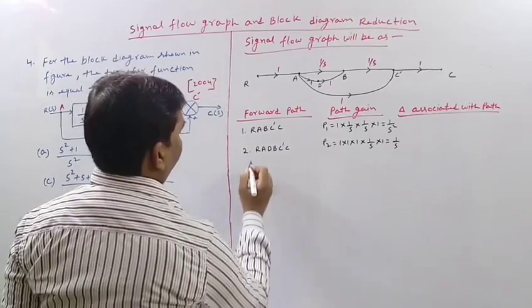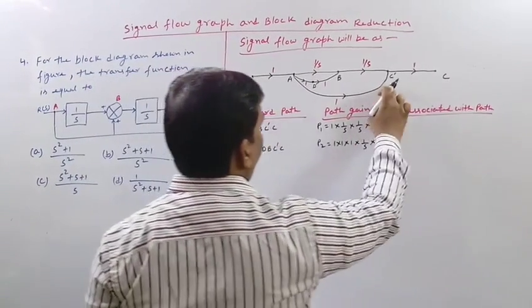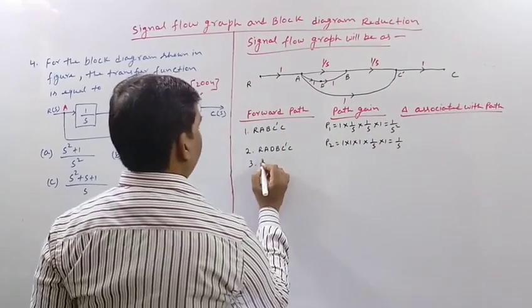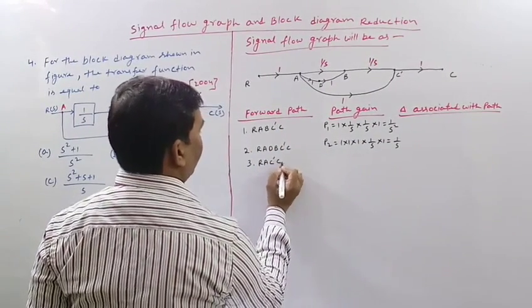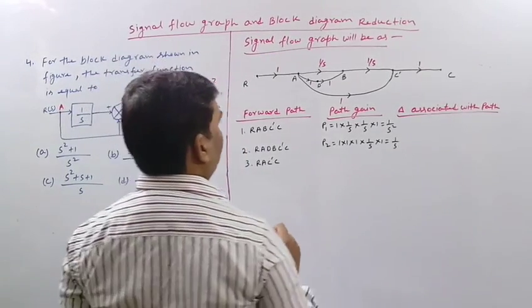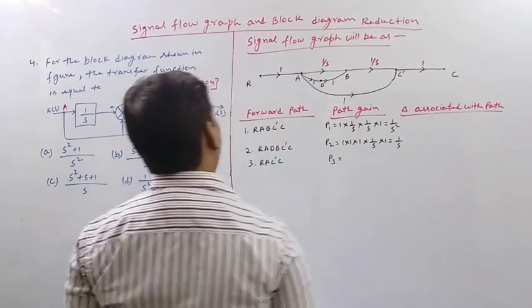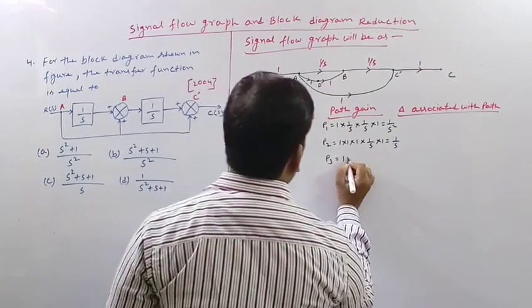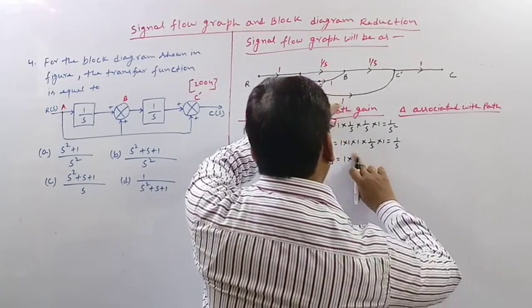The third path will be R A C dash C. Let its path gain be P3. So P3 will be 1 multiplied by 1 multiplied by 1 multiplied by 1.